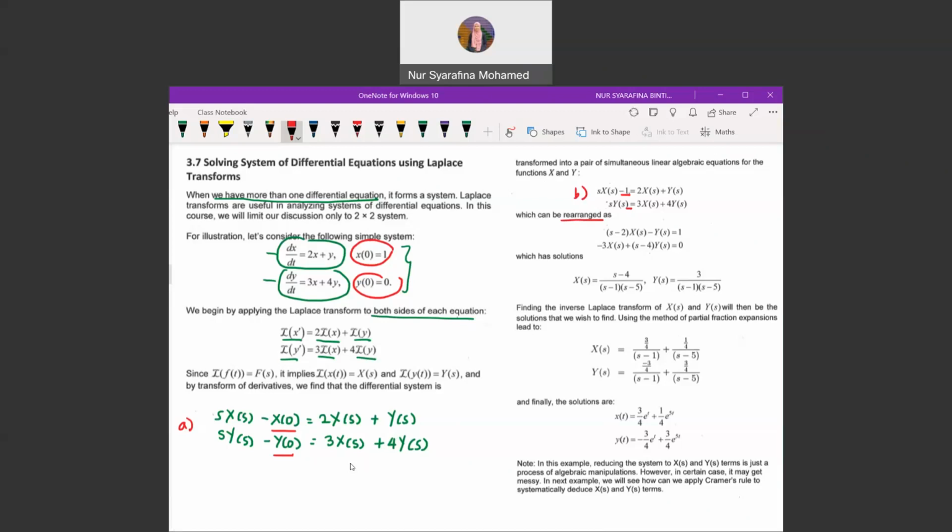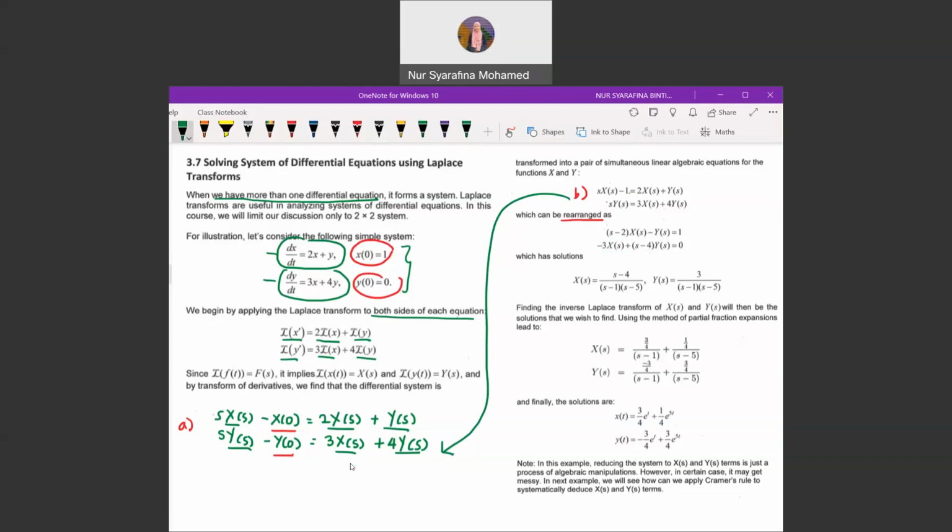How can we rearrange? By putting X(s) and Y(s) to the left hand side and the rest to the right hand side. Here we have X(s), here we have X(s), here we have Y(s). So put X(s) and Y(s) to the left hand side, then rearrange and simplify. Let's do it. Once you have applied the condition, we have sX(s) minus 1 equals 2X(s) plus Y(s).